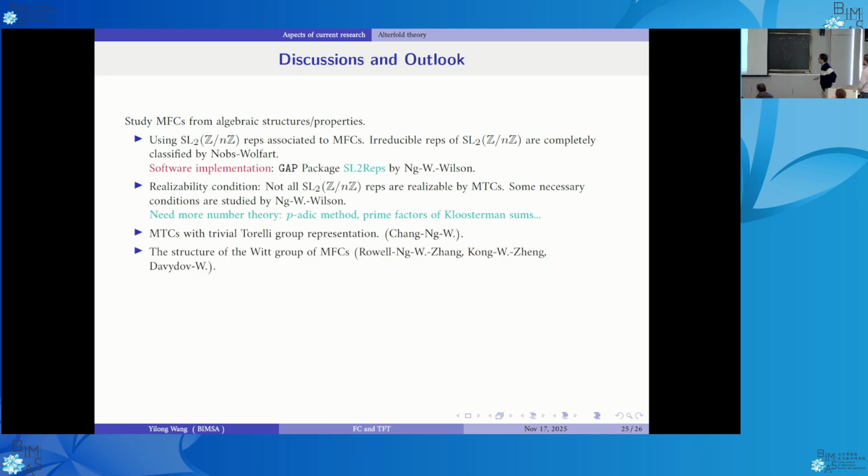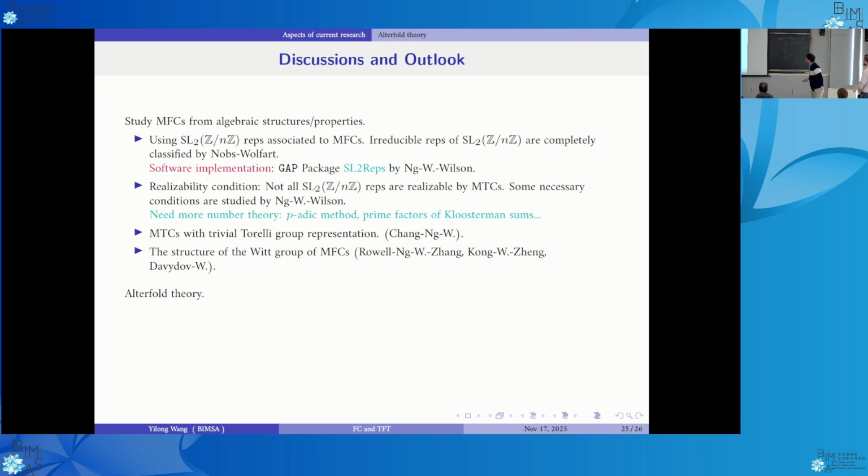SL2Z representation is just one aspect of the mapping class group representation associated to TFTs. So we can also study higher genus representations of the mapping class group. And also, speaking of algebraic structures, there's a natural group associated to modular fusion categories that generalizes the Witt group of quadratic forms, and I have done several works on them.